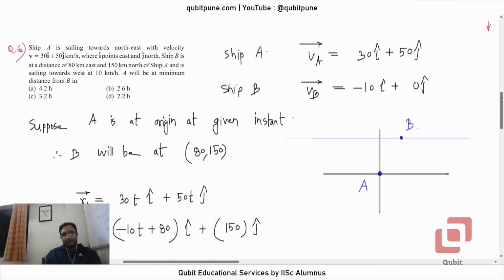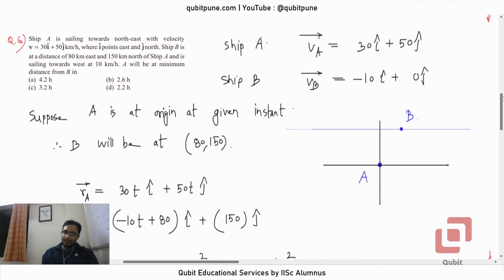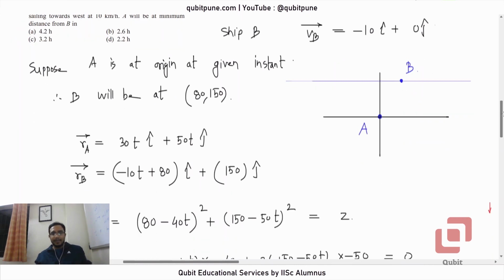Okay, so how did we solve the problem? Let's just go through it. Firstly, we noted the velocities. We brought in a coordinate system, because velocity is a free vector. We know that, right? It's not localized like position. So we brought in positions. We had to assign something, so we assumed that A is at origin at the given instant, and that helped us in determining the original positions of the ships.